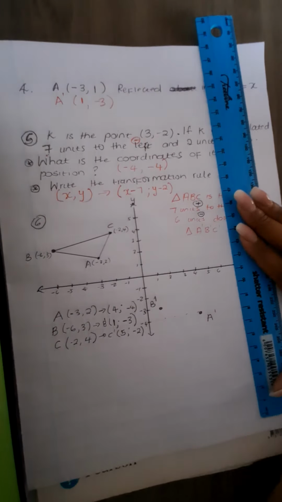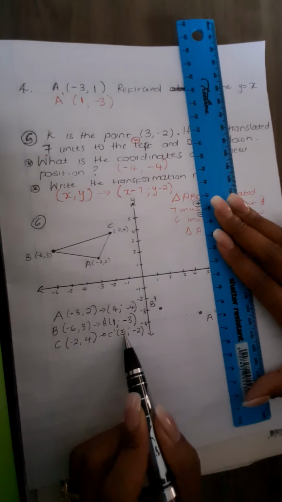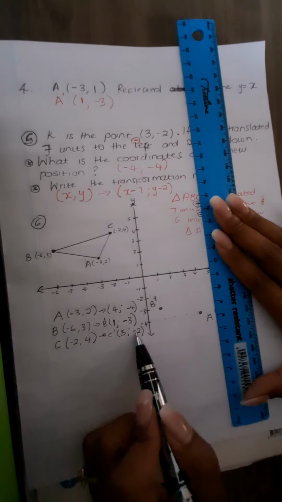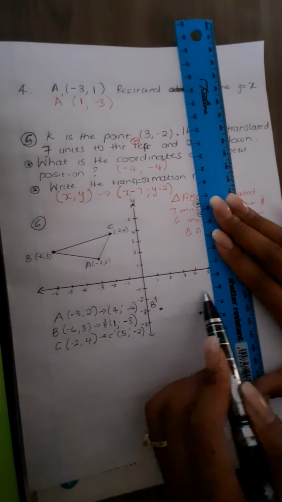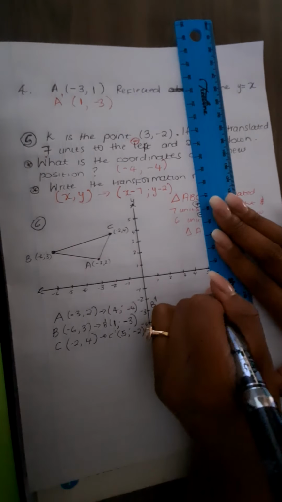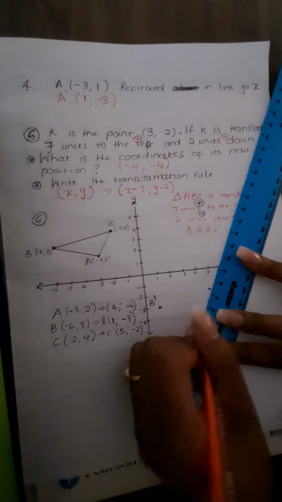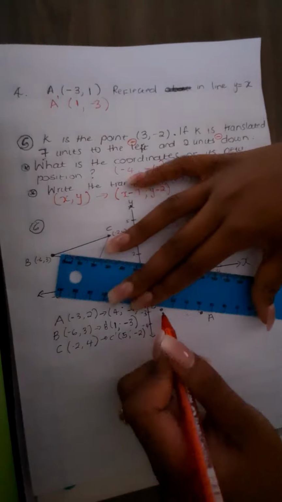And then C prime, it is +5 and -2. So my X is +5, my Y is -2. Then you join your points to form your new image.